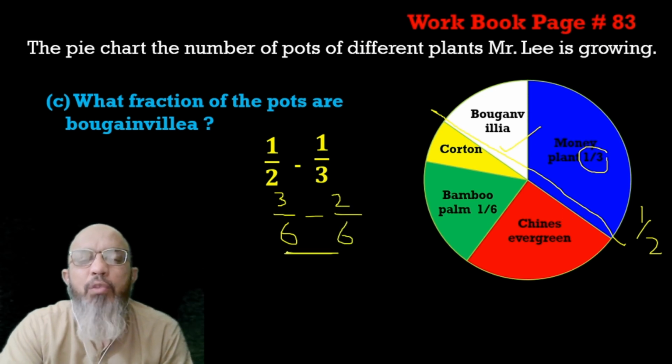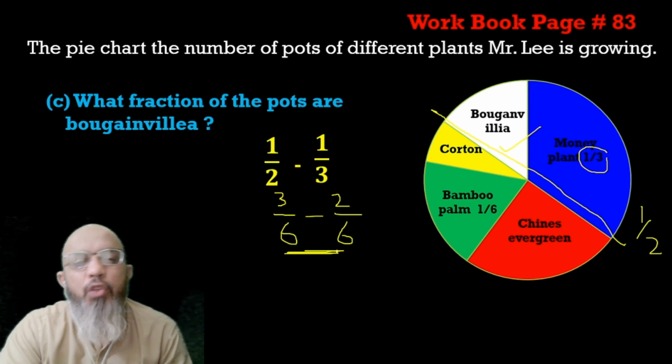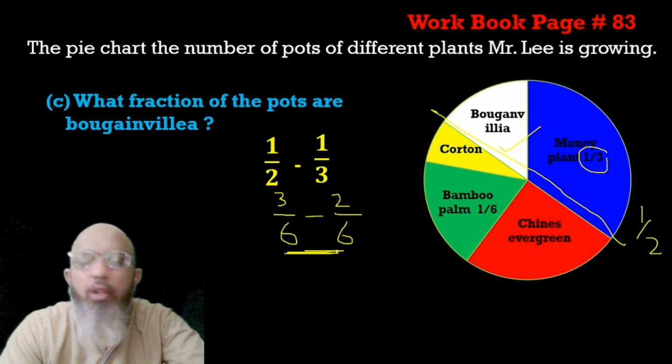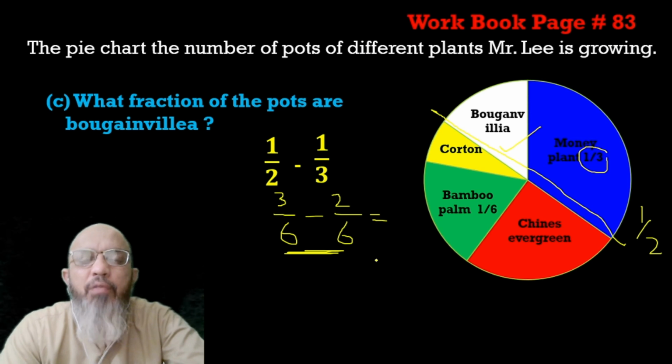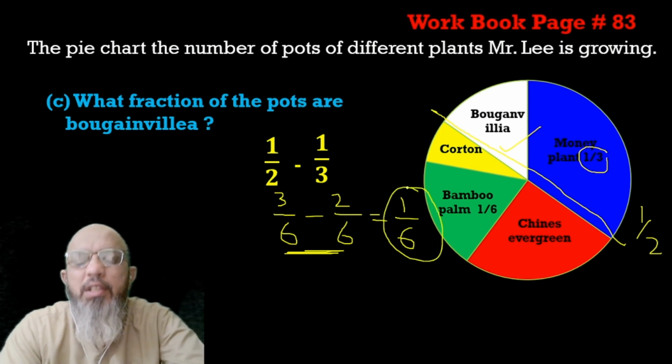So now we have the same denominators. So now we can subtract these fractions. As you know, if you want to subtract or add fractions, we should have the same denominators. So now you can subtract 3 minus 2, that is 1 over 6. So the bougainvillea fraction answer is 1 over 6.